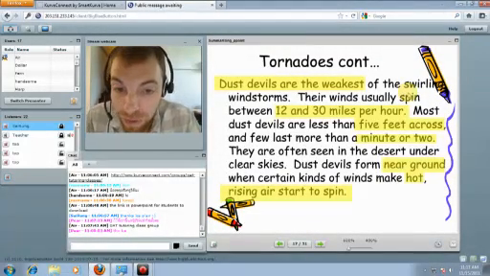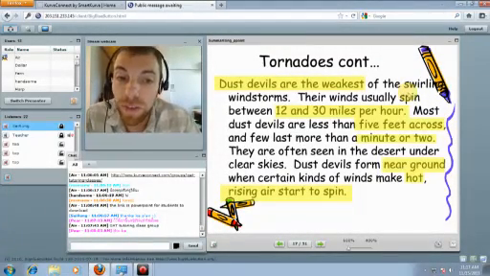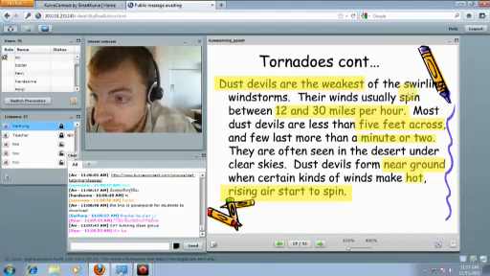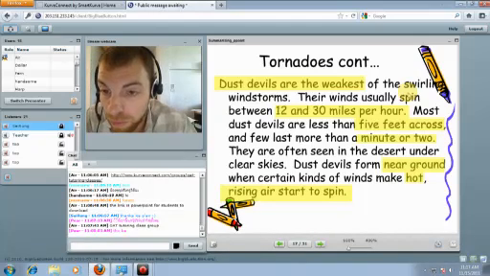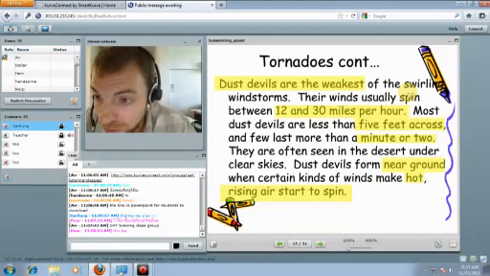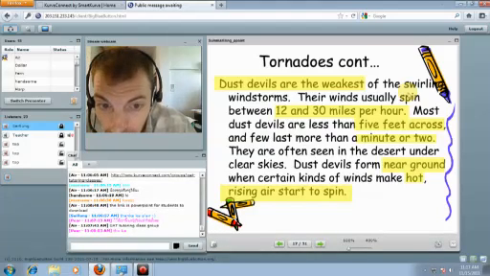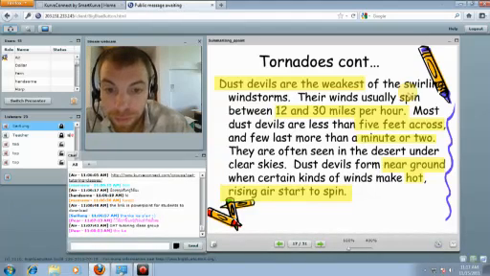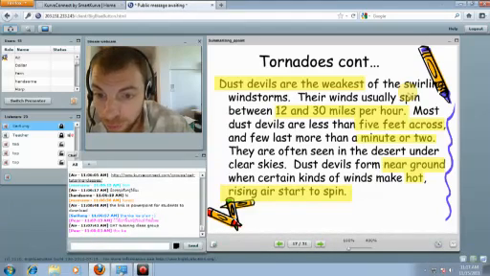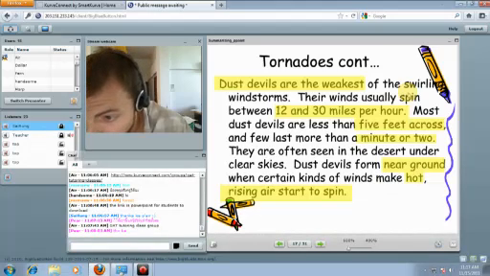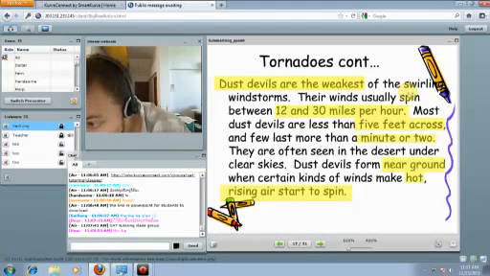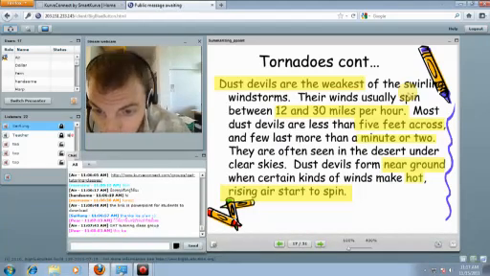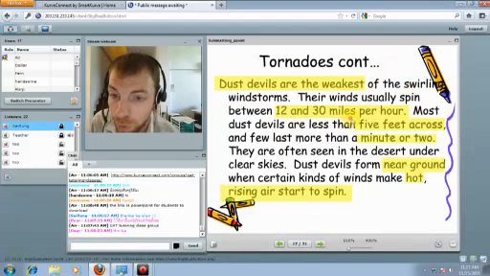More about tornadoes. Everyone, please read this. Dust devils are the weakest of the swirling windstorms. Their winds usually spin between 12 and 30 miles per hour. Most dust devils are less than 5 feet across, and few last more than a minute or two. Let's remember what is in yellow.